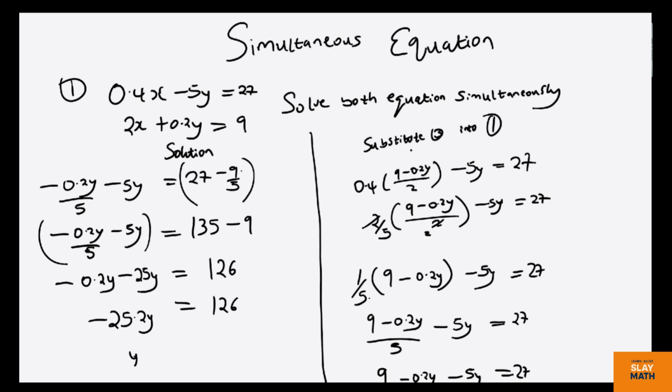So y is going to be equal to 126 over minus 25.2, right? And that will give us minus 5. So here we have found the value for y.